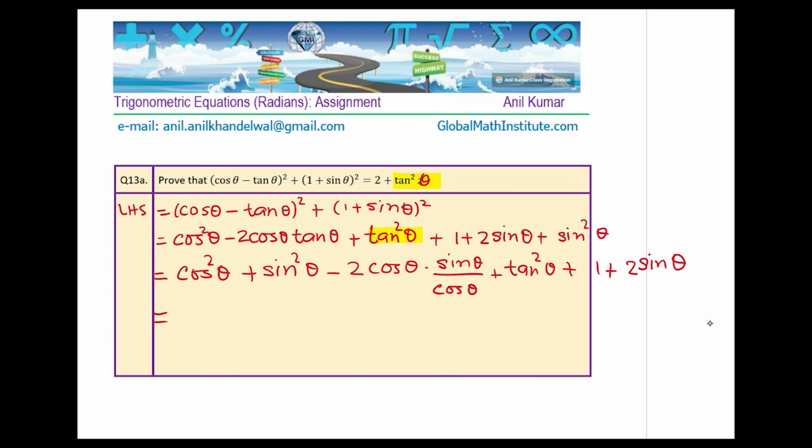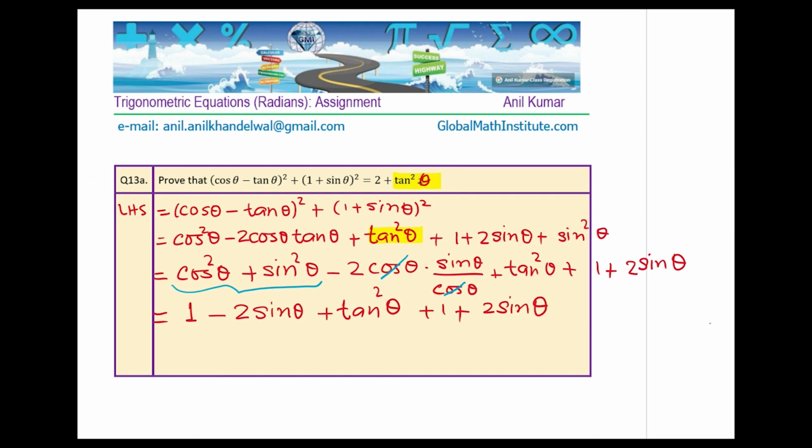Now, cos square theta plus sin square theta is 1. So, for this, we'll write 1. And here we can cancel cos theta and cos theta. So, what we get here is minus 2 sin theta. The term required, which is tan square theta, is there with us still. And then we have plus 1 plus 2 sin theta.